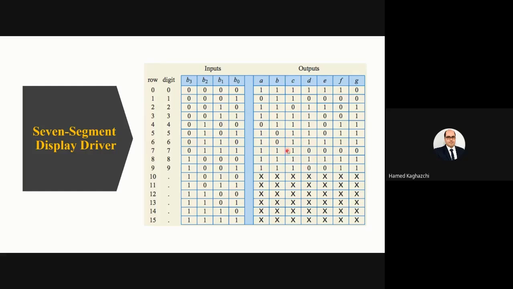But now I have to design a circuit to produce A as the output. I look at this column, and I find that only when my input is 1 and when my input is 4, my A is 0.